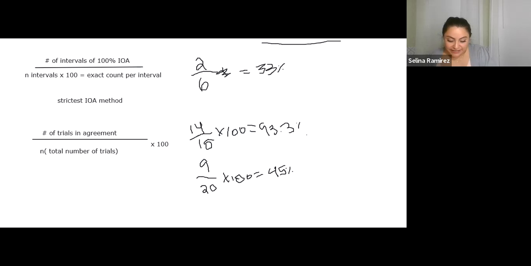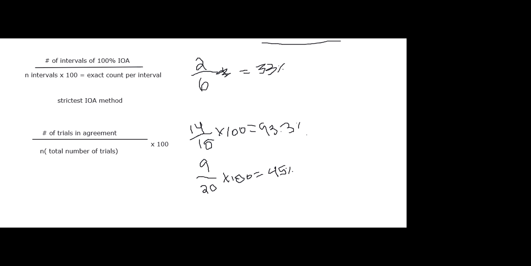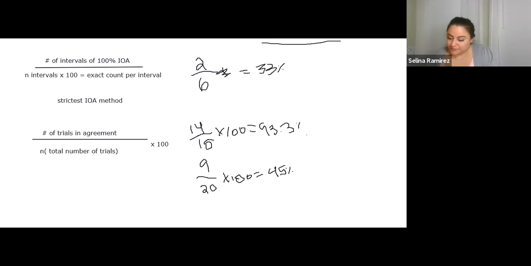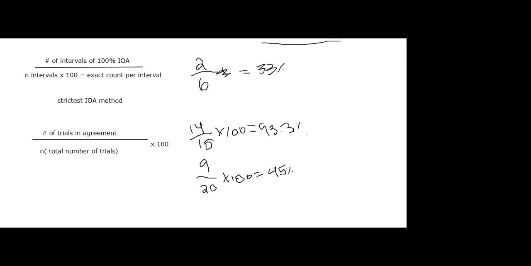And then interval by interval is grouped with them too, right? Yes. Okay, so those are grouped together. And then scored and unscored are separate. Those are their own, only for the time sampling ones.